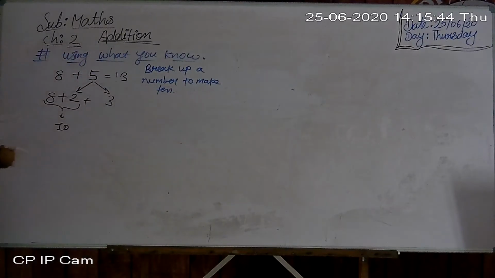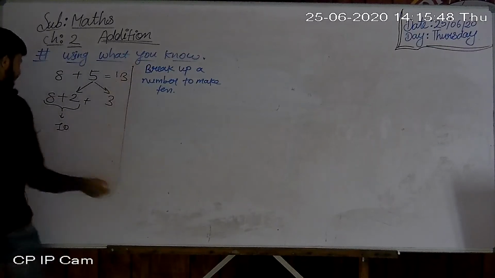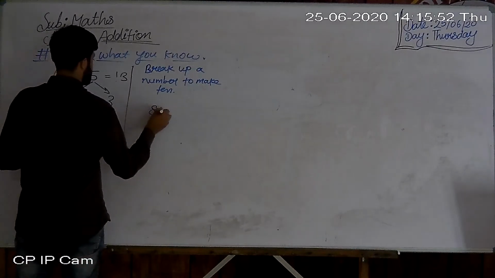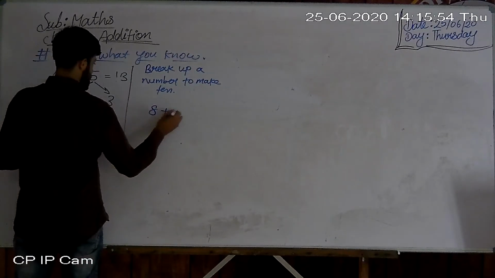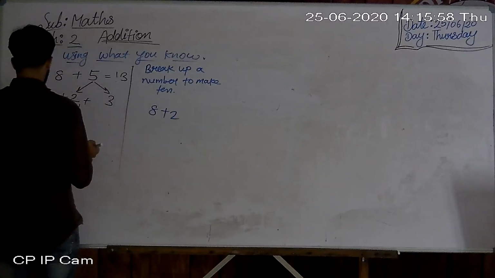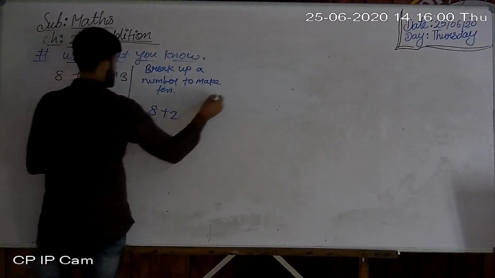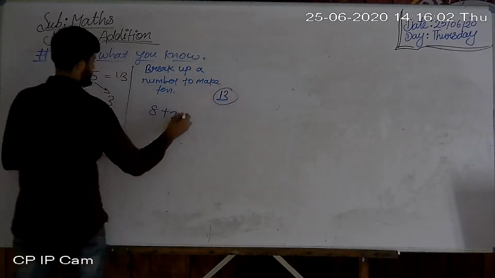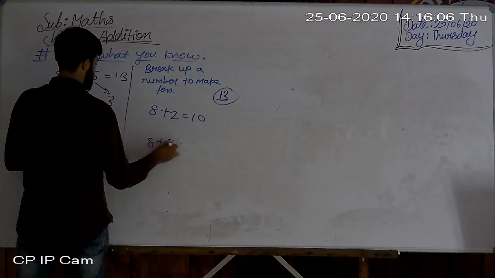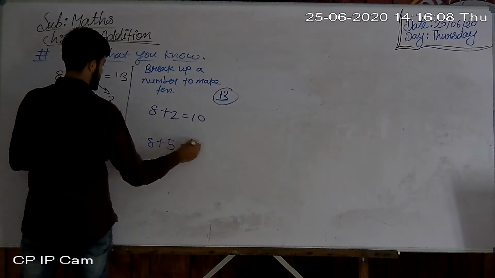Back up a number to make a 10. Anyhow we can make the 10. So I am explaining again for all you students. 8 plus 2. Okay, and I want to make a 13. So it's a 10. So 13, how is that possible? 8 plus 5, so it's a 13.